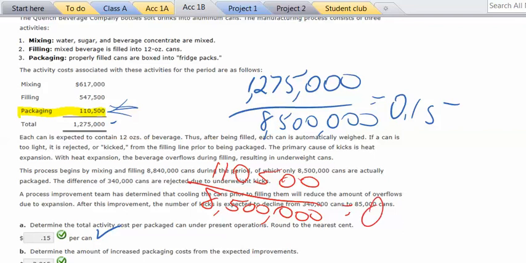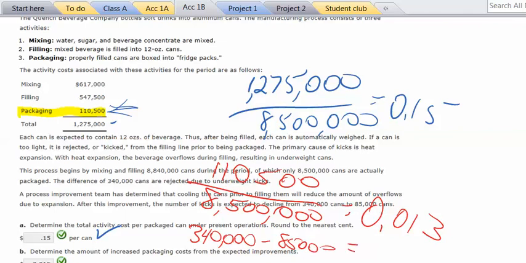That equals 0.013. I'm then going to multiply that number times the difference in the cans. We had 340,000 as our failure before. That's going to be reduced by 85,000.